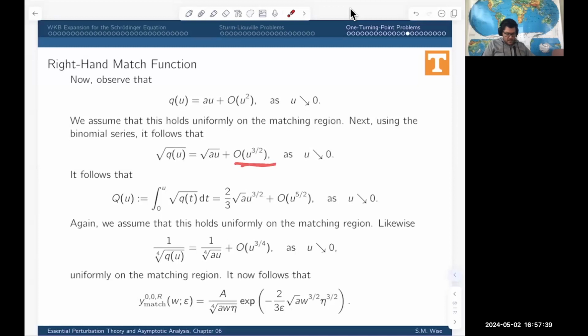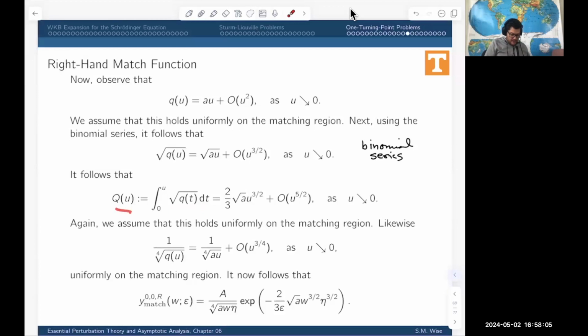I spent a few minutes calculating this by hand using the binomial expansion. Usually it's called the binomial series. Then you dump that into this integral.